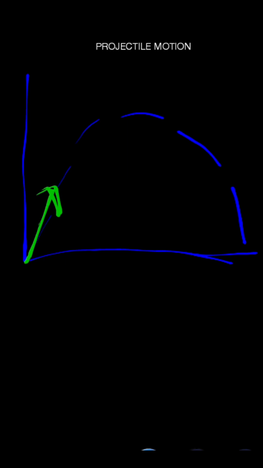Because of this, we have the x component and the y component of velocity. Whenever you are given things relating to projectile motion, there is a vertical component and an x component, which is the horizontal component. As the object is moving, the vertical component will be reducing, but the horizontal component won't change.